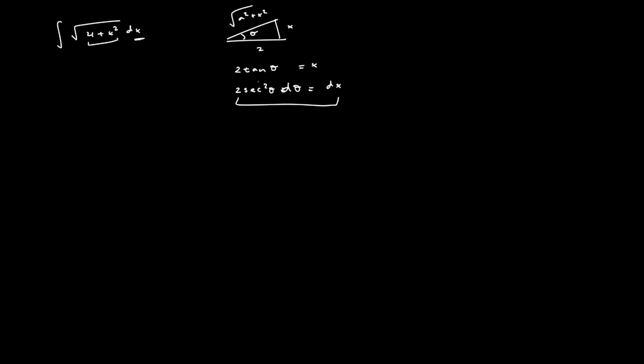Now we have to decide on what to substitute in for 4 plus x squared. We know that x is equal to 2 tangent theta, so x squared is 2 tangent theta squared. And then this is dx.